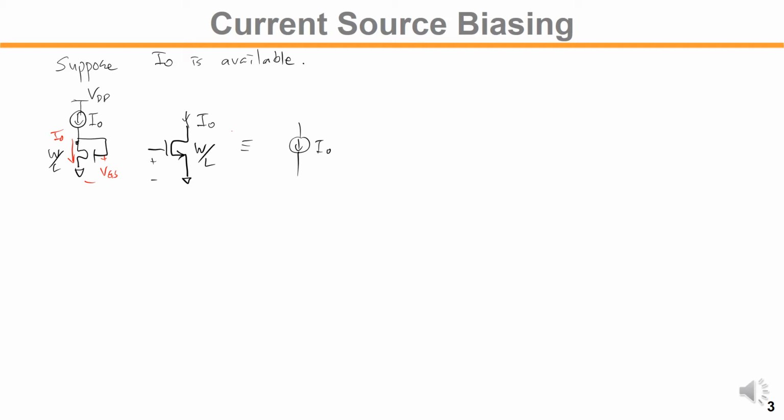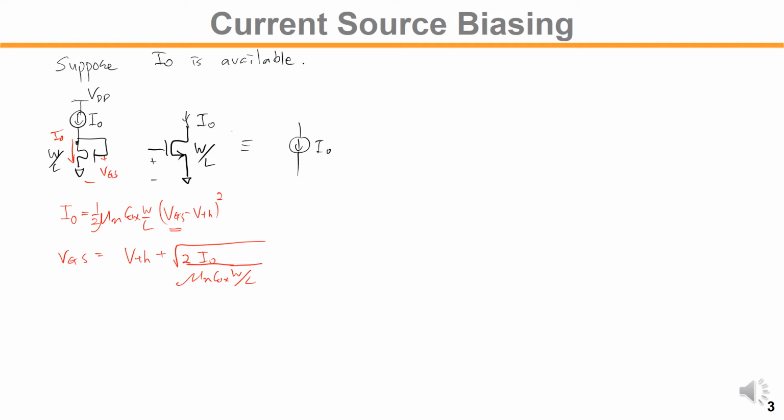So I0 equals half mu n COX W over L times VGS minus VTH squared. The proper VGS can be found as VTH plus the square root of 2 I0 over mu n COX W over L. So the proper VGS will be found by that circuit.